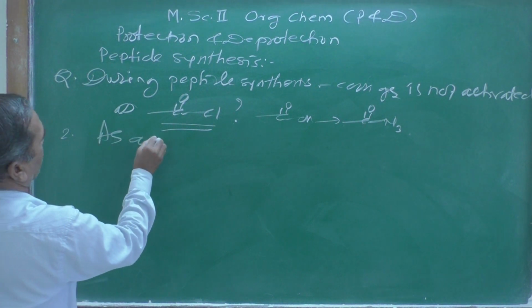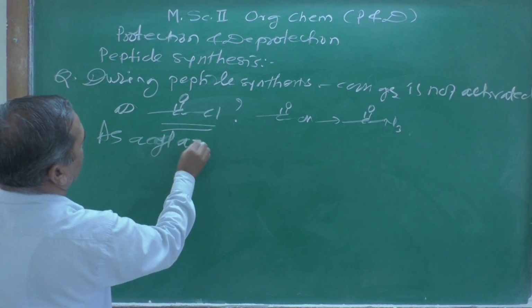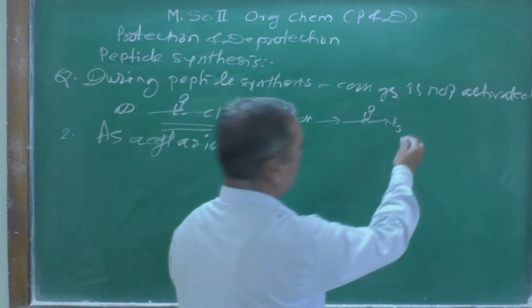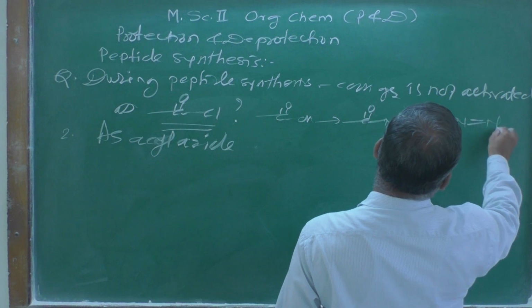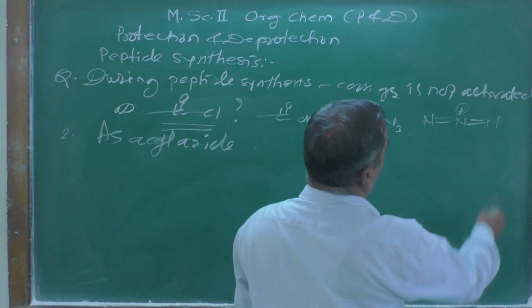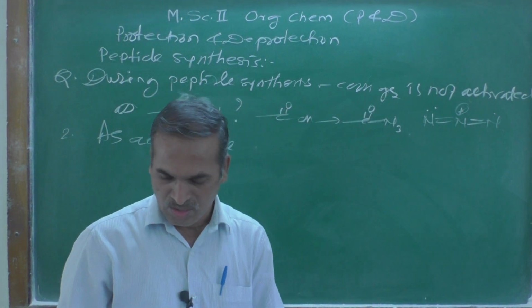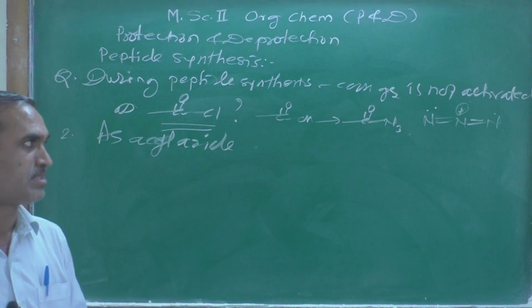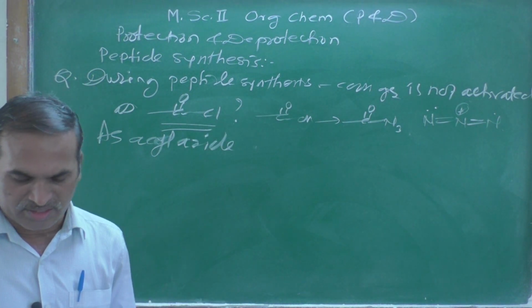As we know about azide, N double bond N with a positive charge over there. That type of structure is resonating, just like an ozone molecule, O3. Similarly, N3 means 3 nitrogen atoms are there.